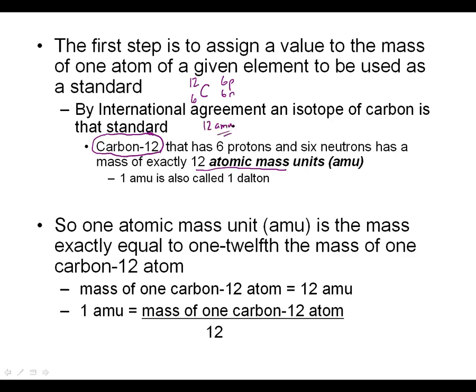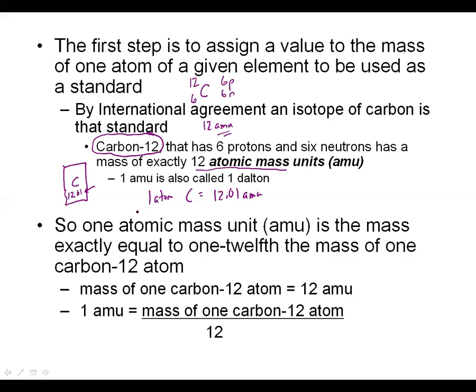When you look at the periodic table and look underneath an element, for example carbon, it is the number that we see on the bottom there. It's that 12.01, and that is the atomic mass in AMU. What that means is one atom of carbon has a mass of 12.01 AMU. So they use carbon-12 as a standard to compare everybody else to.